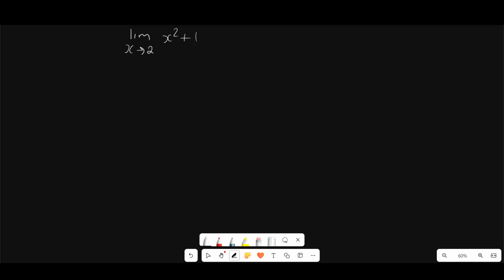So basically what you do is you put in the value of 2 in place of x, as easy as that, plus 1, and hence 2 squared is 4, and then plus 1, that is 5. As easy as that, right? So finding the limit shouldn't be the hardest thing. This should be the easiest thing.